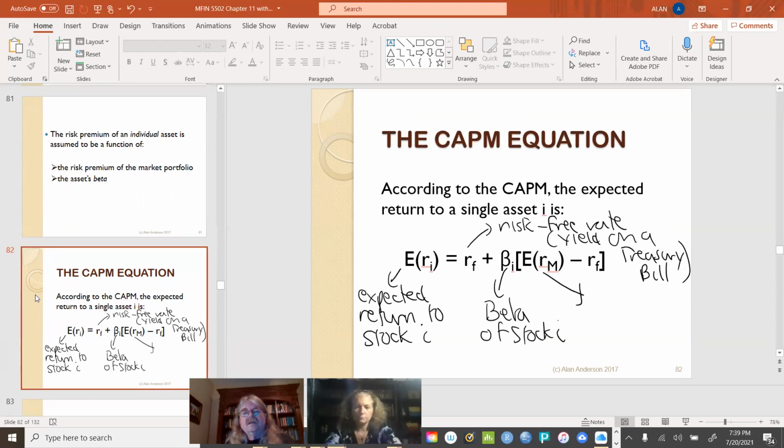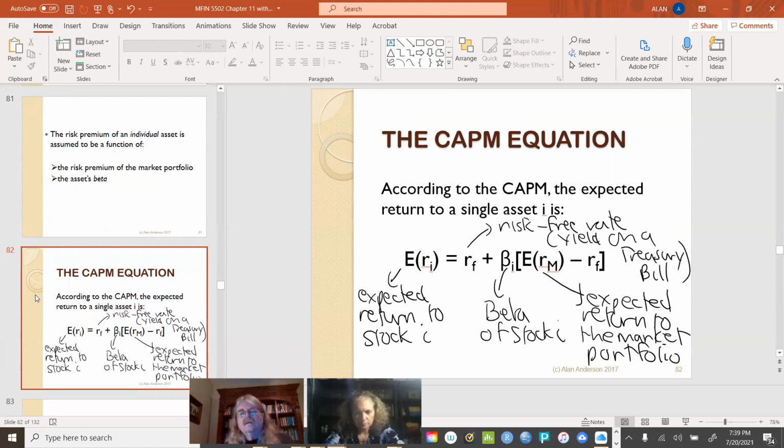And finally, this term is the expected return to the market portfolio. And all of that gives me my return. So the model predicts that if you know the risk-free rate, the return to the market, and the stock's beta, you can predict what the return of the stock will be.